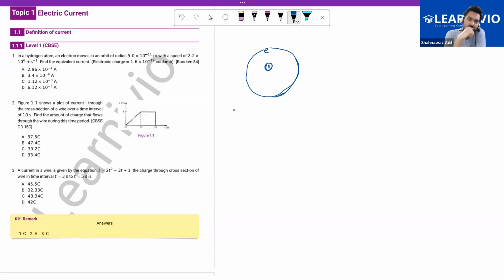What charge is flowing? Electron is flowing, right? So to calculate the current, what do we need? We need Q and we need time. What is given directly?